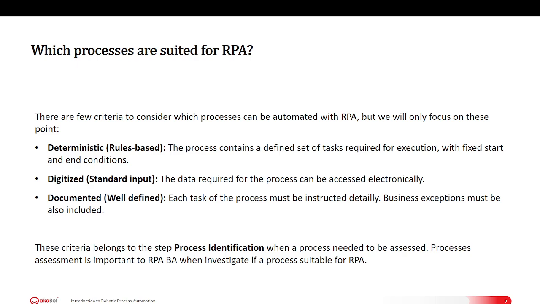So, we need to define three conditions to understand what processes are suited for RPA. First of all, deterministic, that is rule-based. The process contains a defined set of tasks required for execution with fixed start and end conditions.